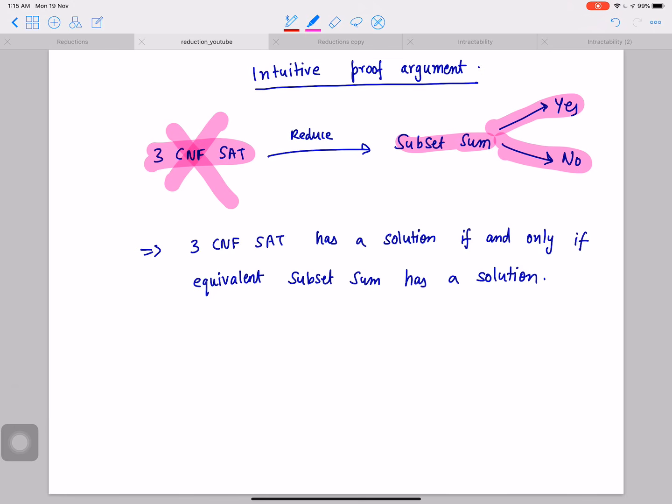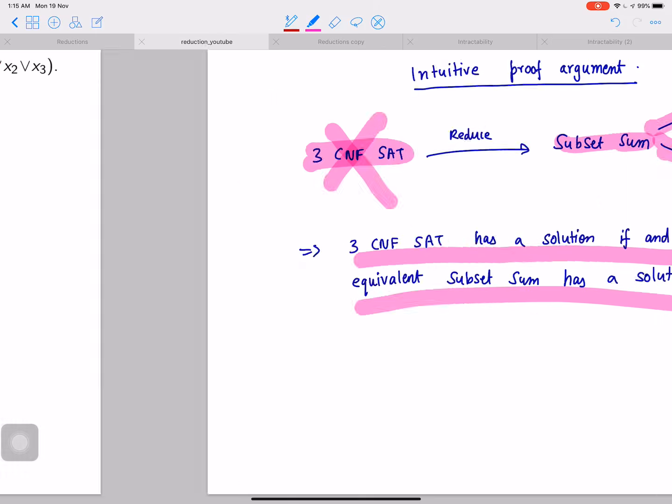It's the same as saying the 3 CNF set has a solution if and only if the equivalent subset sum has a solution, and if and only if makes it vice versa also. Let us see how that works and how that is true.